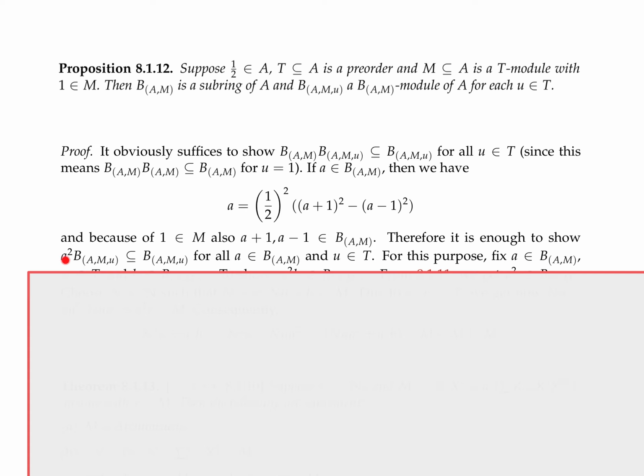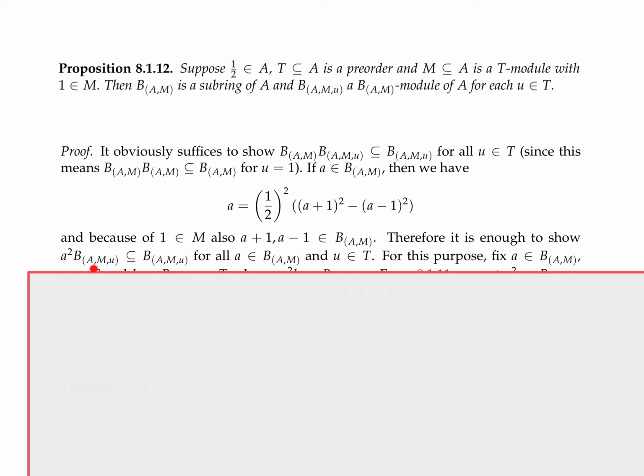So for this A squared, I can first take the A plus 1 squared, then the A minus 1 squared, and I also use that BAMU is closed under taking additive inverses, which is clear, right? And then, so anyway, it's enough to show this.